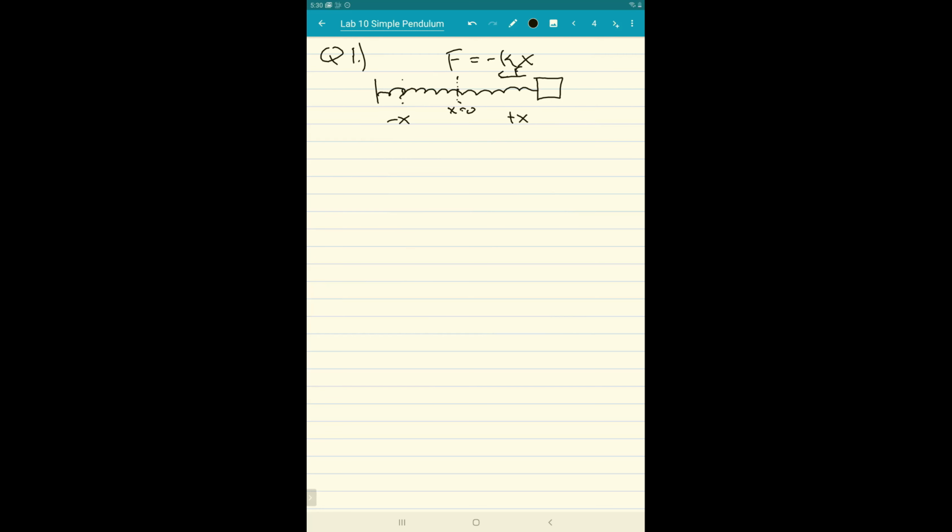And if I'm over here and I plug a negative x into this equation, with the negative inside with the k, I'll get a positive force that'll point to the right. So this force always points towards x equals 0, and we always make x equals 0 the equilibrium. X equals 0 is the equilibrium. That means the force of the spring here is a restoring force, always pointing towards equilibrium.